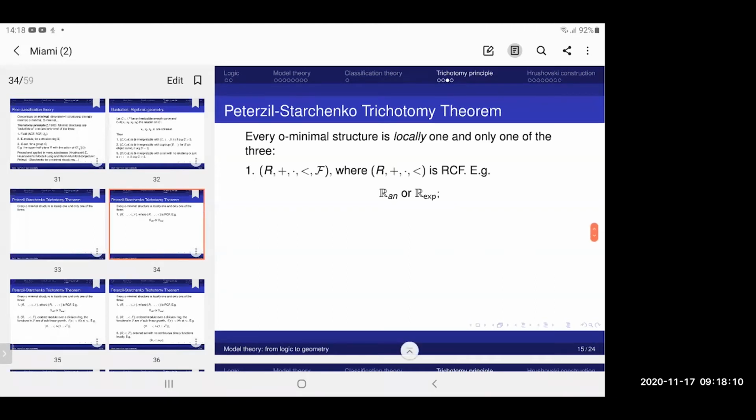So what do we have? We have only three possible cases, right? The case one corresponds to the full case, so to say, when we would be able to recover the field in an abstract o-minimal structure.